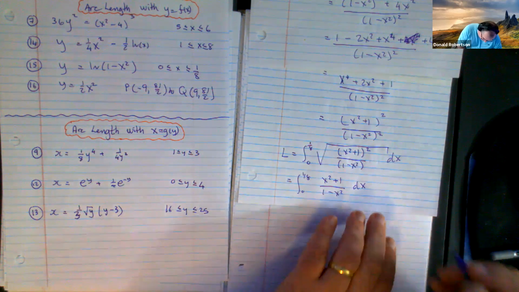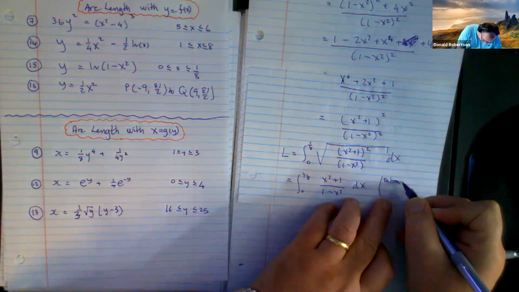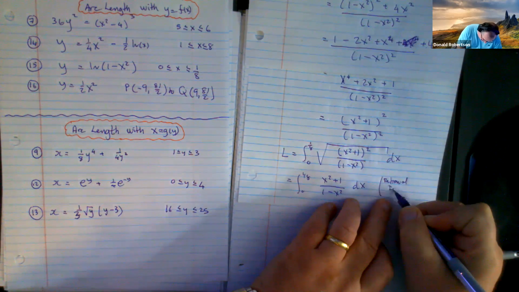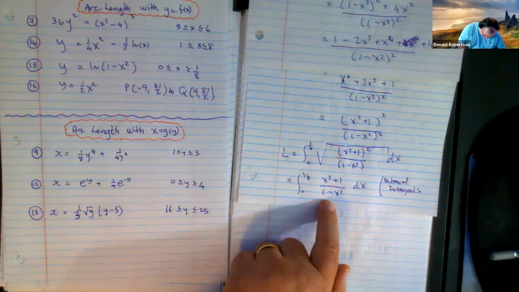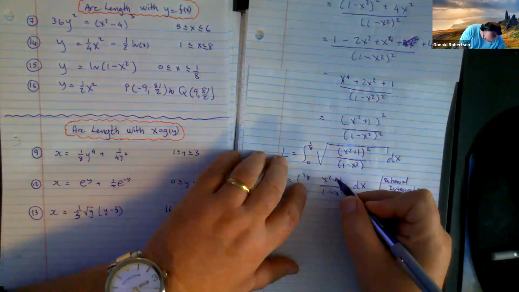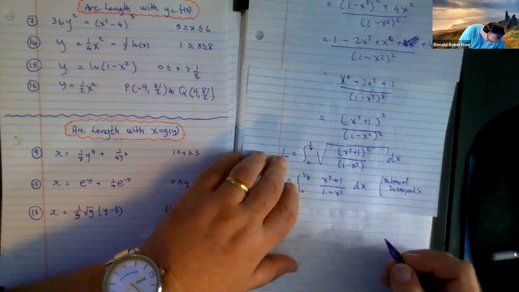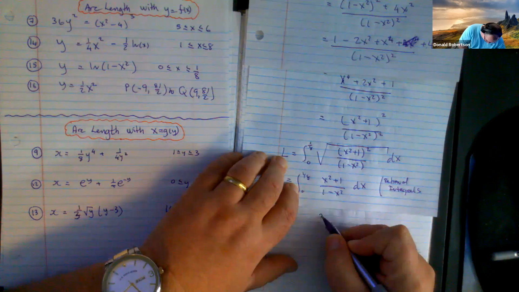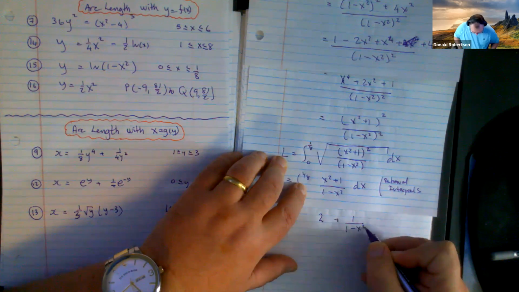You're going to have to look up rational integrals, right? How to integrate rational functions. This guy here, you're going to divide them, or create a version of it, and you are going to get a number which I'm going to pretend is 2 plus 1 over 1 minus x squared.